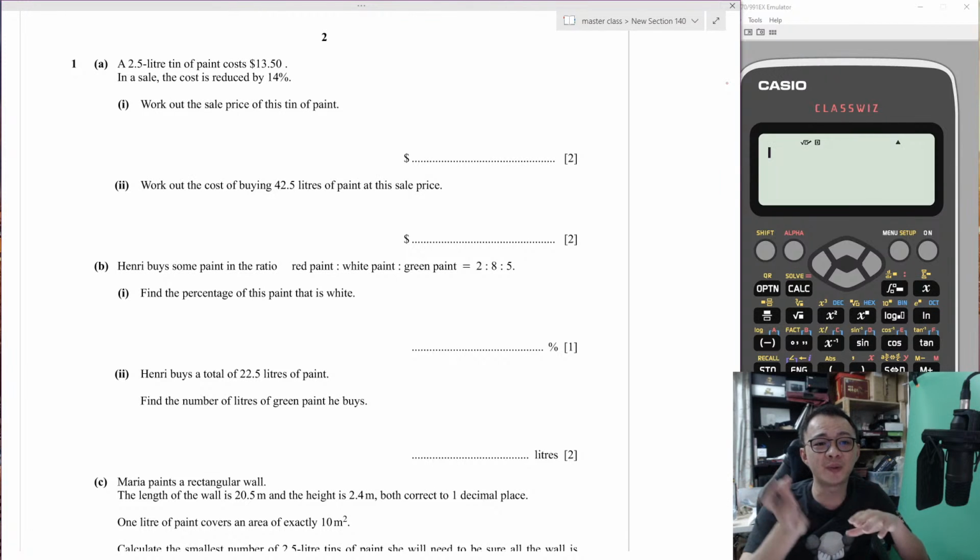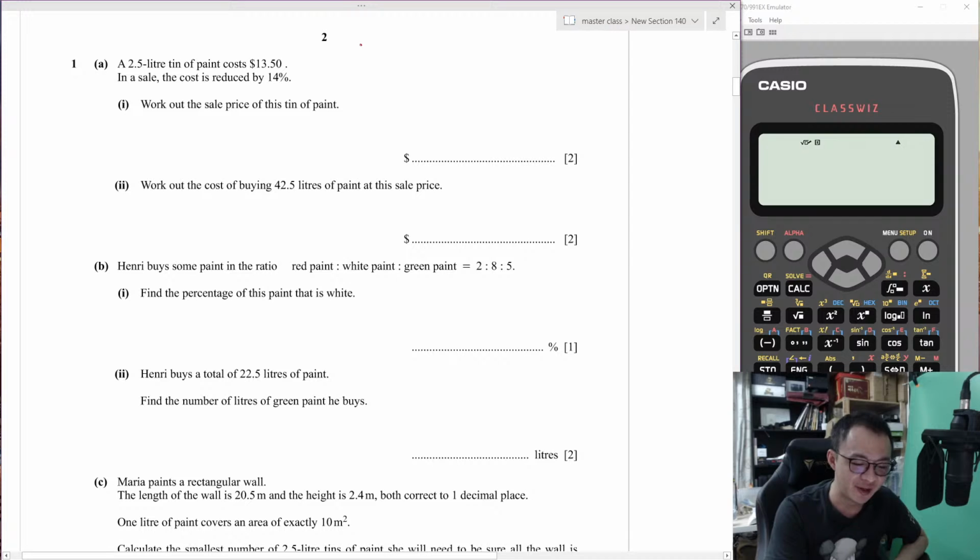Normally what we will do for this one is, I know 100%, if I minus 14%, I will be left with about 86%, isn't it? 86% in decimal is 0.86.